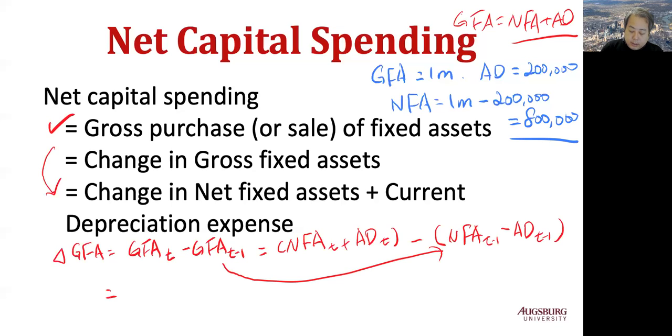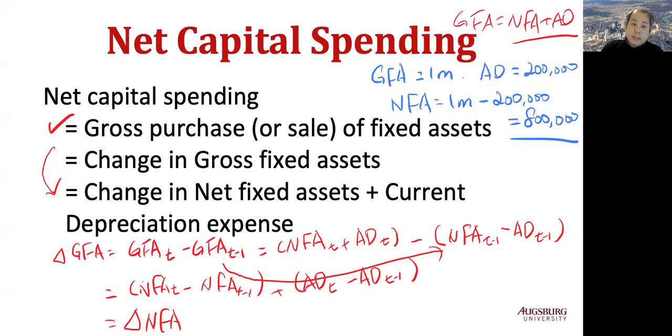From this, we can rearrange: net fixed asset current year minus net fixed asset last year, plus accumulated depreciation this year minus accumulated depreciation last year. The first factor is the change in net fixed asset, and the second factor is the change in accumulated depreciation, which means the current year depreciation expense.